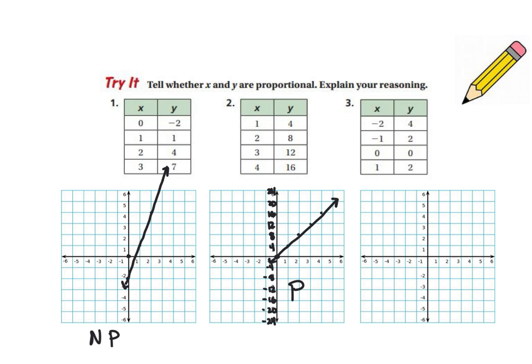For question number 3, let's plot the points -2, 4, -1, 2, 0, 0, and 1, 2.